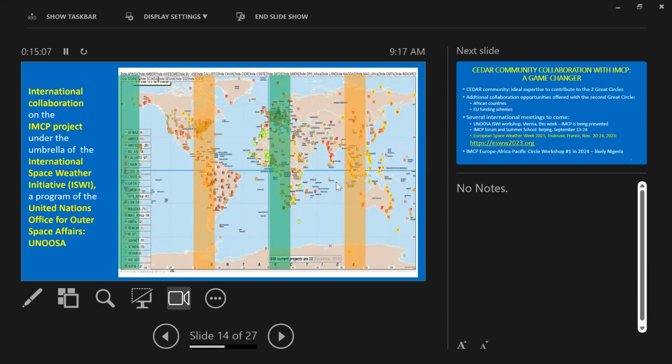I was actually, well, this morning at 3 a.m., to tell you the truth, talking in Vienna to present something similar, because they have a workshop, an ISWI workshop, exactly at the same time as CEDAR. So we believe that ISWI is really the appropriate vehicle to discuss this project. All countries are there, as you can see. That covers very well the two great meridian circles, and everybody has a place there.